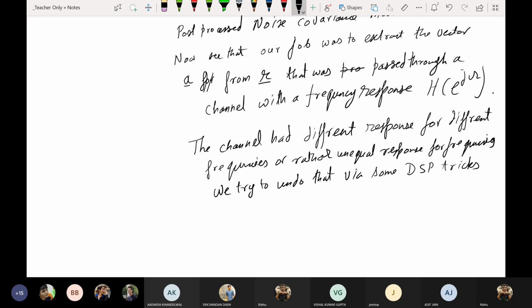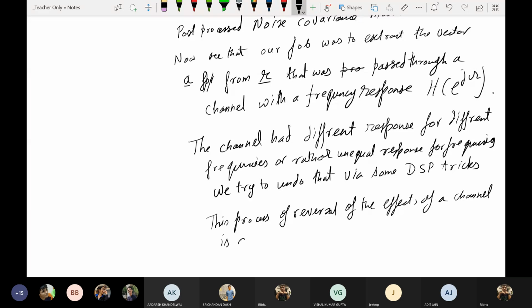So this process of reversal of the channel is called equalization.